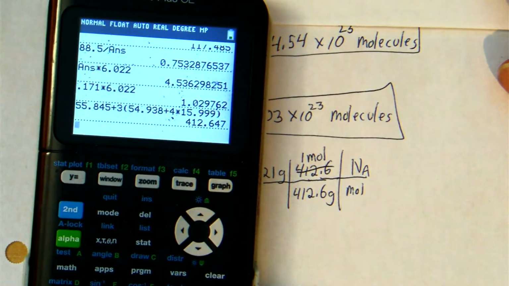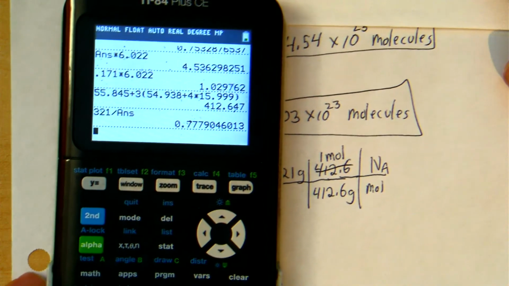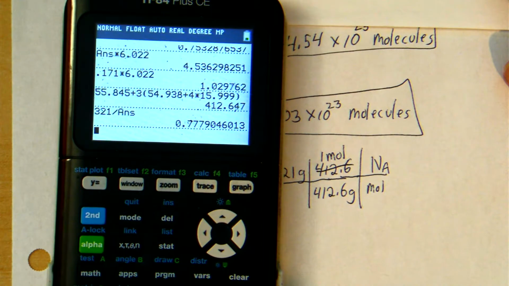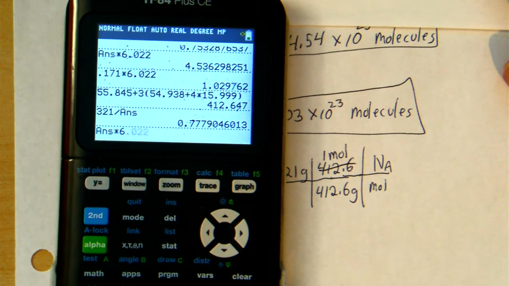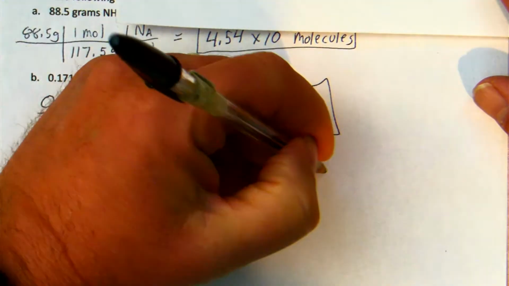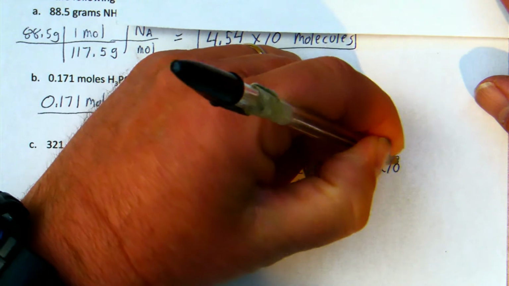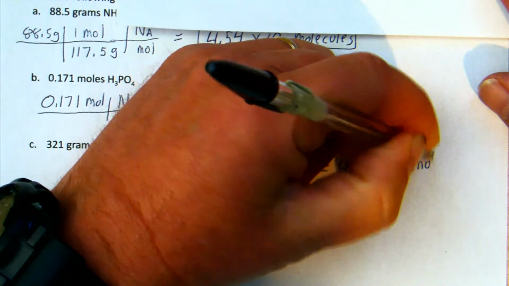In other words, if I go 3, 2, 1, divide by the current answer, I have 0.778 moles times 6.022 times 10 to the 23rd is 4.68 times 10 to the 23rd. 4.68 times 10 to the 23rd power molecules.